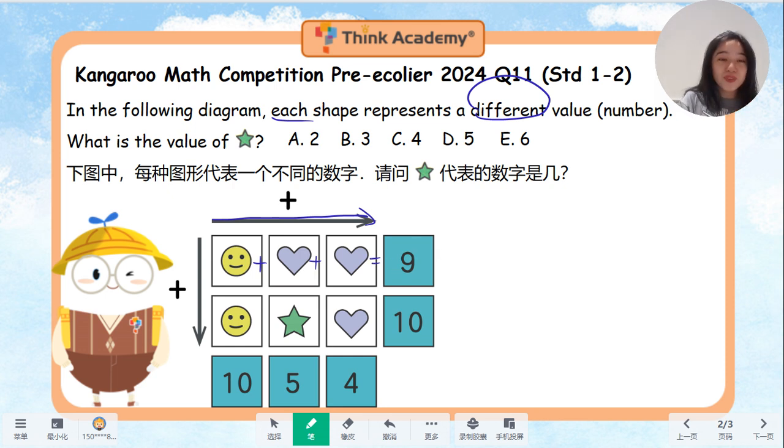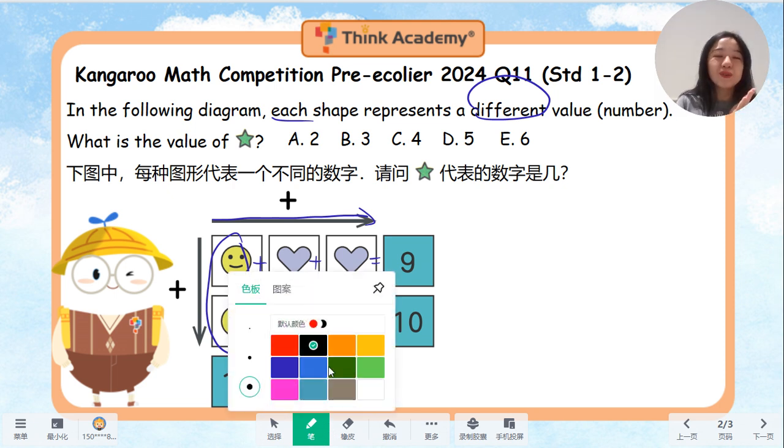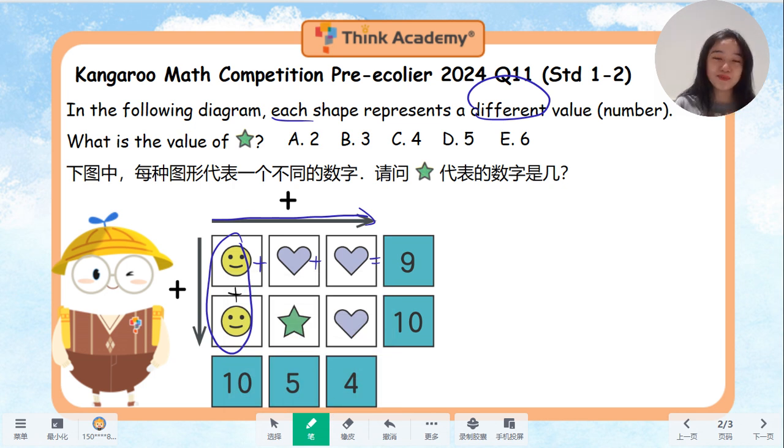And also for the shapes in a vertical way, we follow the arrow pointing down. It's also plus. That means when we focus on 2 symbols vertically from up to down, we also need to add them. Like the 2 emoji add up to 10.